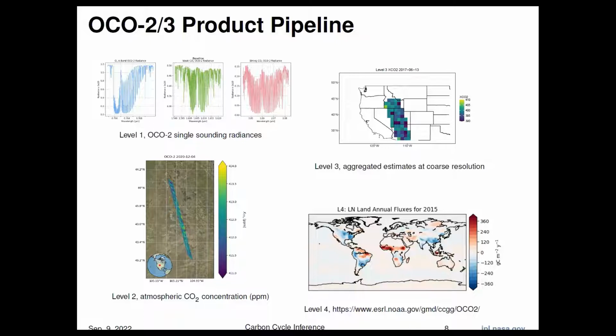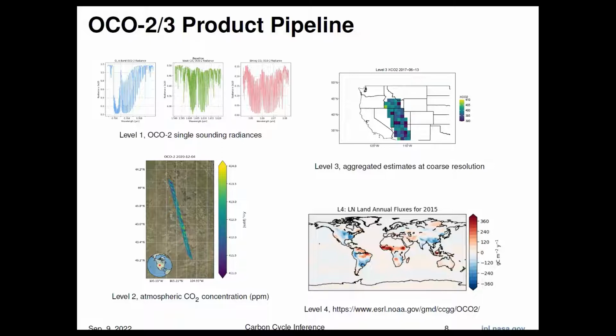Question: You have a CO2 estimate, but first, how much resolution can you get for the last map? And also, when you have a CO2 estimate, what level of the atmosphere are you able to penetrate? At what level are you looking? Good question. One question was what resolution can we get for maps like this?